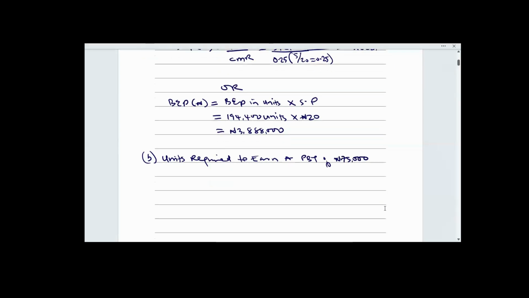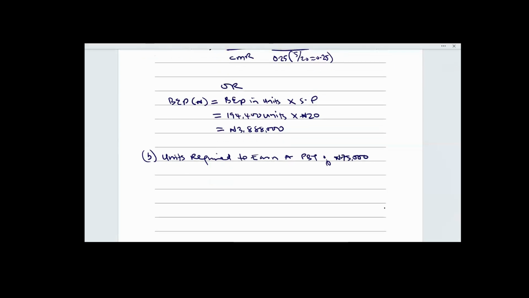Okay? Therefore, I would then say break-even points in units will be equal to the fixed cost plus targeted profits before tax, divided by contribution margin per unit. The fixed cost is 972,000.